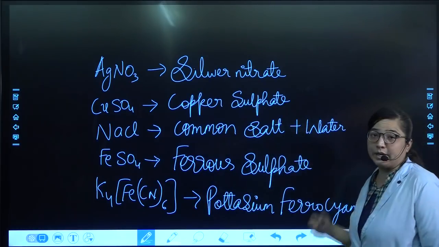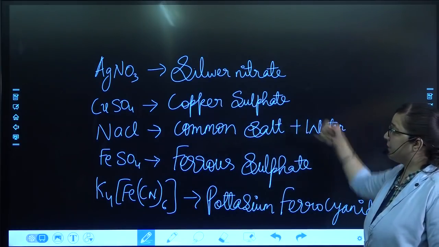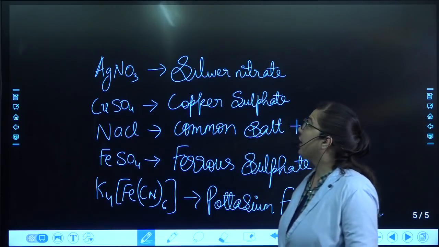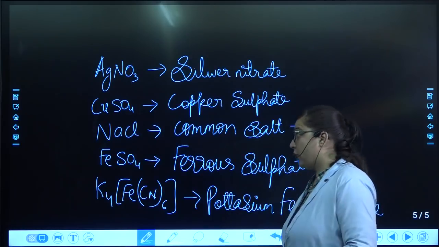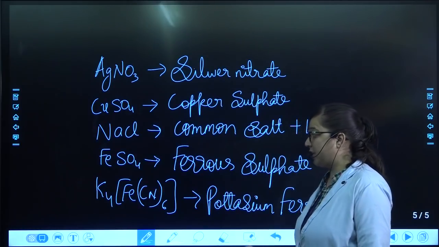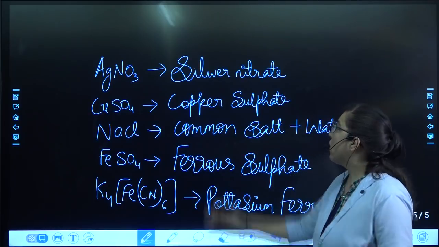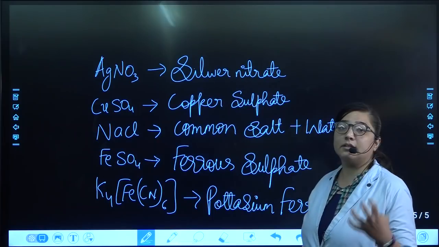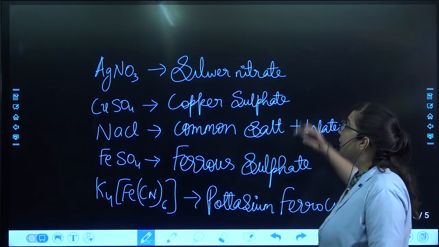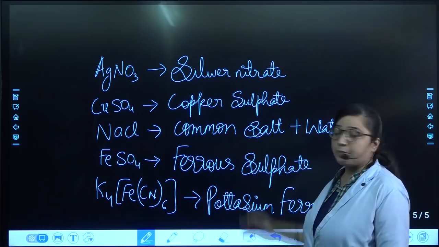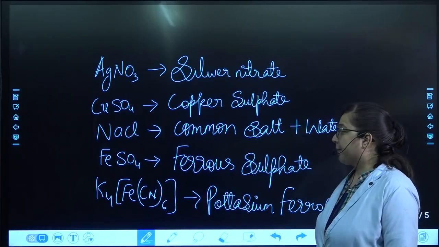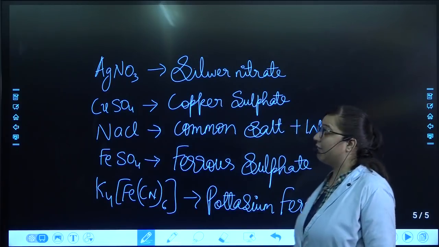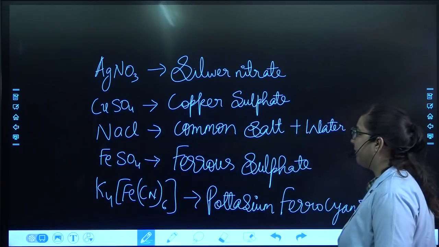We are going to mix any of these solutions and we are going to make the precipitates. AgNO3, CuSO4, NaCl, FeSO4, K4Fe(CN)6, all these are solutions of various things. You don't have to learn anything, but one by one we'll start.